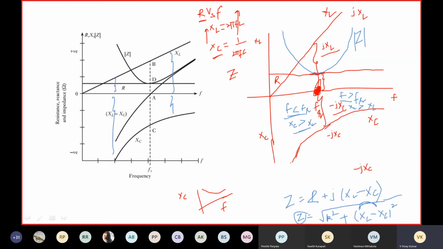When it is approaching the resonance condition, Z will be decreasing and equal to R. Then afterwards Z will be increasing. So this is the impedance curve. XL minus XC is equal to 0 at this point. When it is 0, impedance is equal to R.